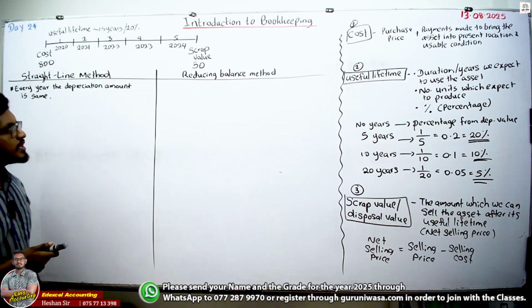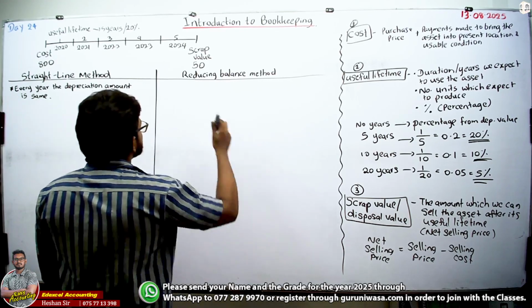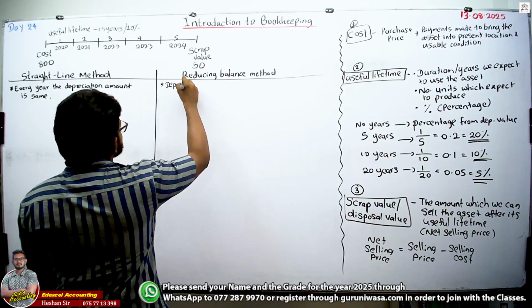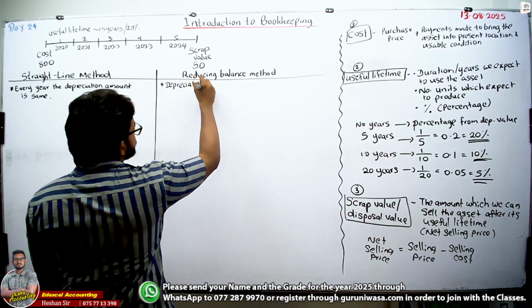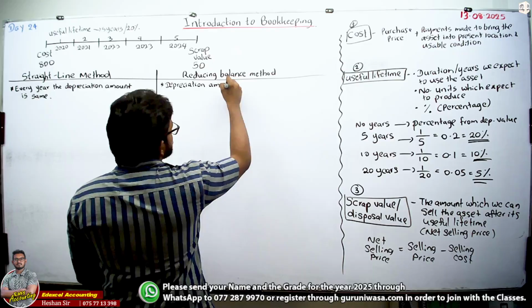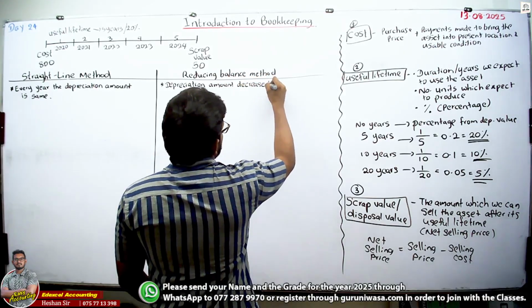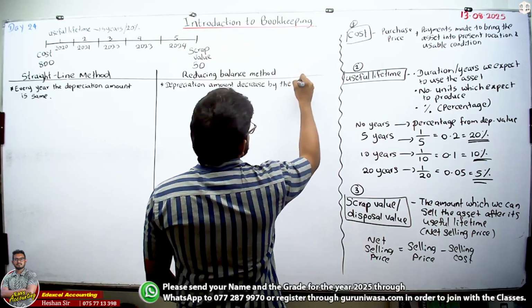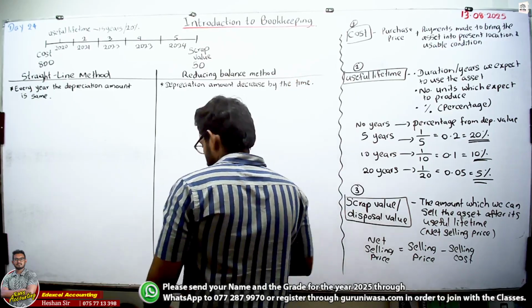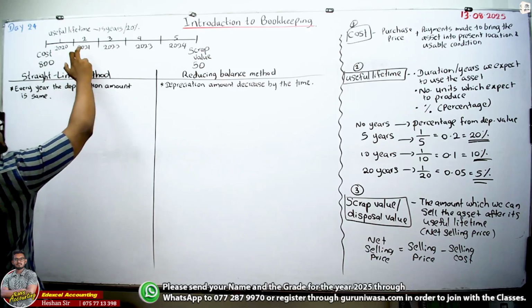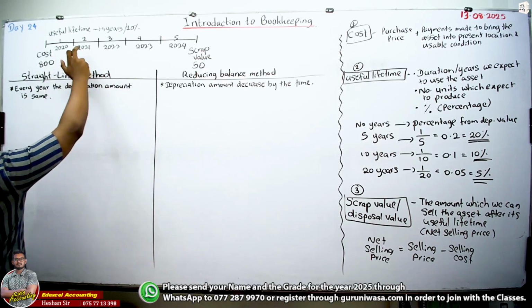But when it comes to the reducing balance method, the depreciation amount decreases by time. Now it's like this. In the first year, if you depreciate, in straight line, let's take 30,000, 30,000, 30,000.